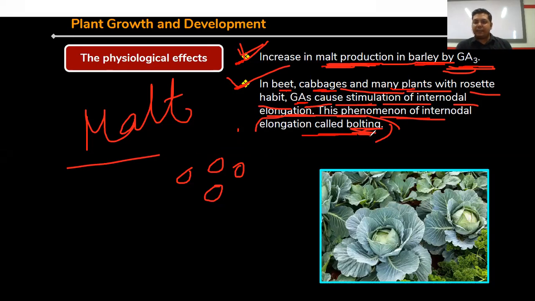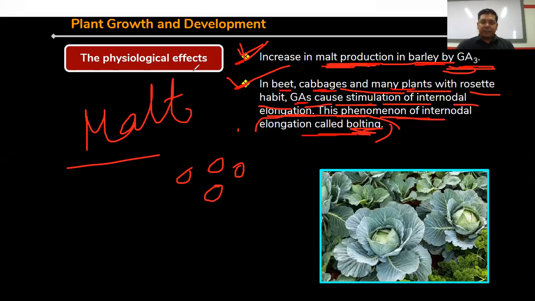Clear? First internodal elongation, then malt production, bolting, as well as seed dormancy breaking. So these are the main four functions of gibberellins. Clear? They mainly increase internodal length in some rosette plants, for example beet and cabbages. So this process is known as bolting.